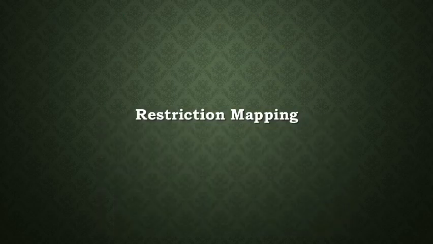Now we move to our next topic, which is restriction mapping. Restriction mapping is also, we can say, linkage mapping. Actually, the right term is linkage mapping, how these genes are located in an individual.